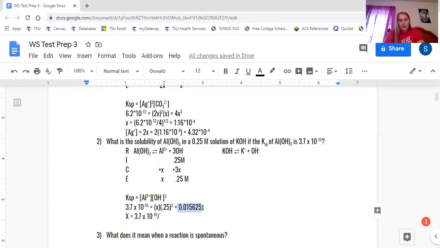So you're going to divide that by this. So when you do that, what do you guys come up with for x? I'll give you a minute to solve.